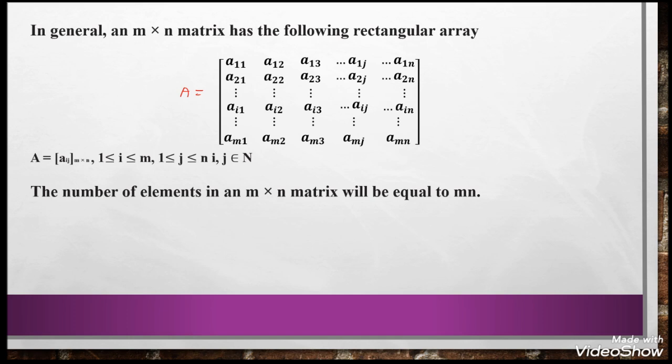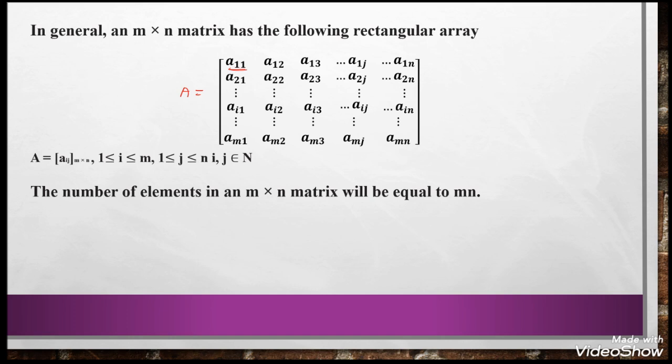The first element of the matrix is in the first row, first column. Its position is indicated by 1 comma 1, where the first 1 denotes the row and the second the column. So a11 means the first row, first column element of A.